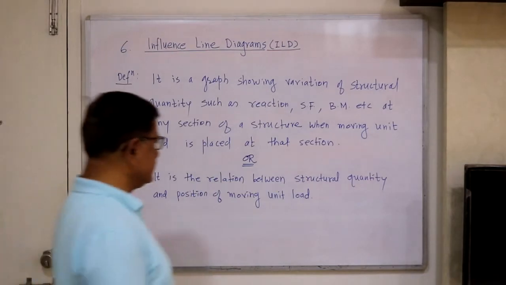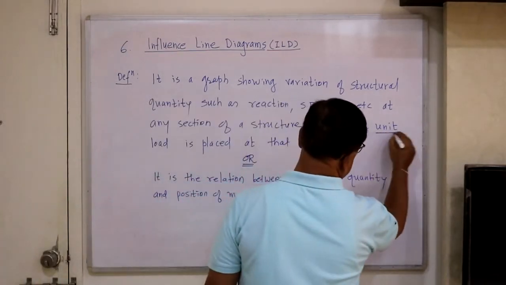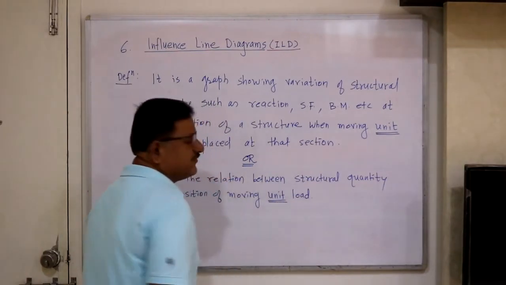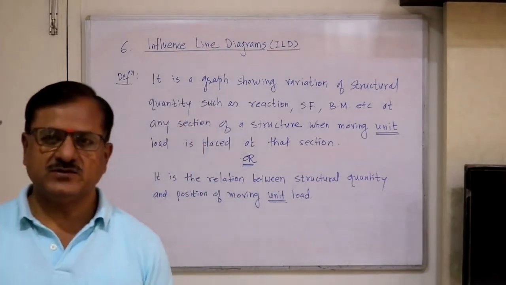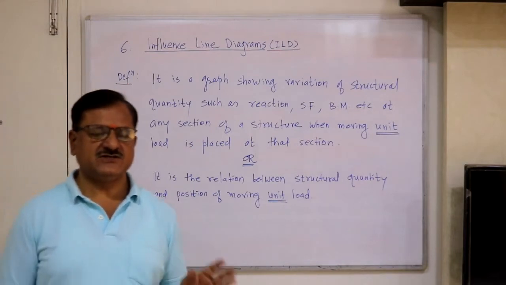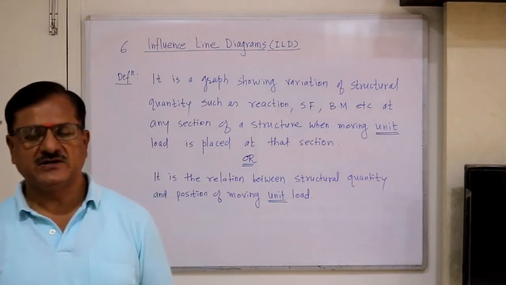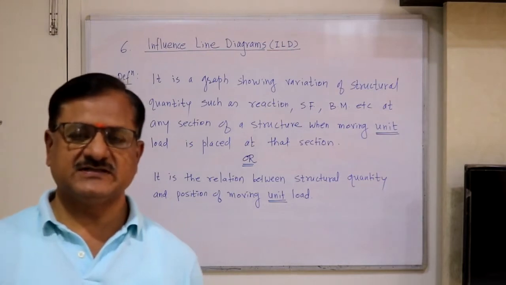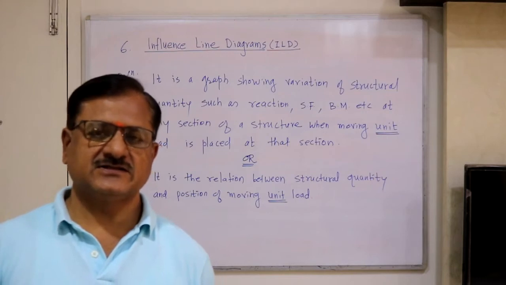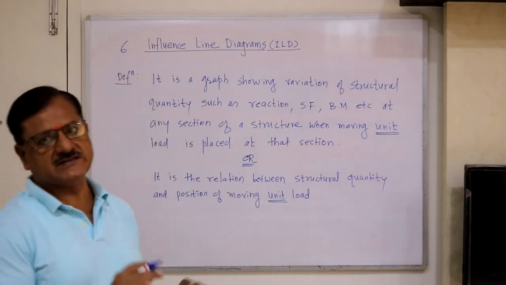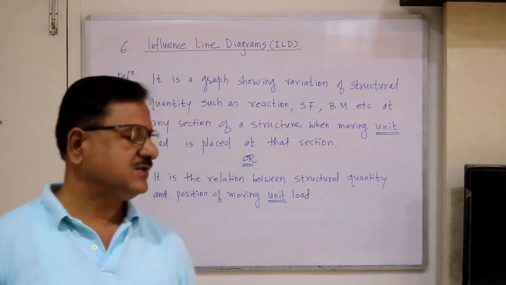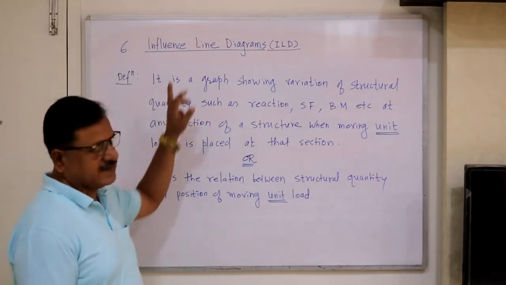So it indicates that these graphs or ILDs are always constructed for a moving unit load from one end to the other end. For various positions of this moving unit load, we have to find out a particular structural quantity, and then this structural quantity is plotted in the form of a graph, and that graph itself is called influence line diagram.